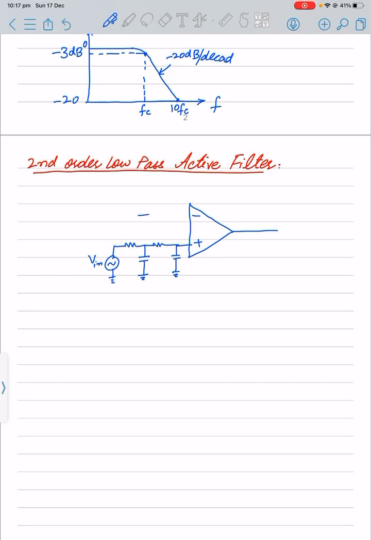And then again, if we want to achieve some gain at the output, so again we will be getting the same.